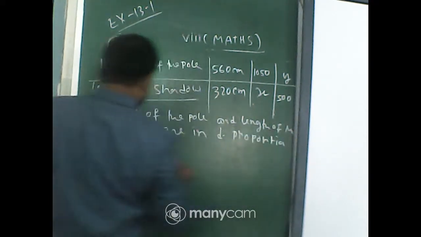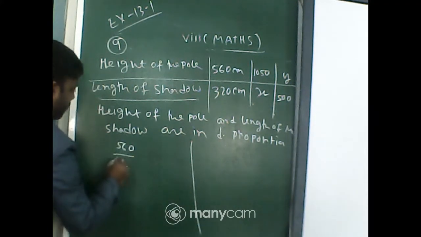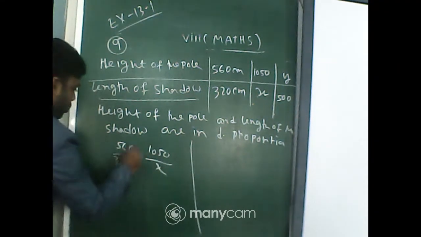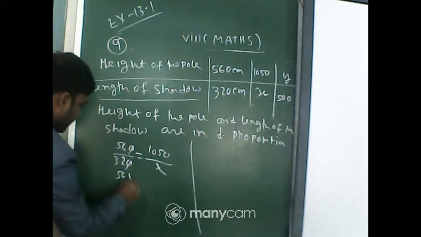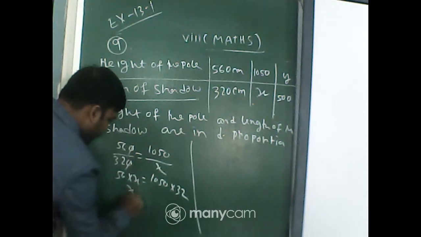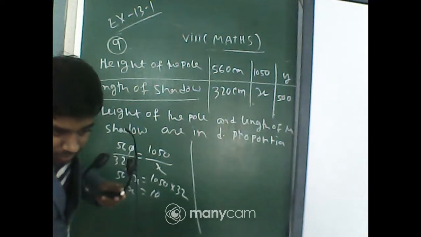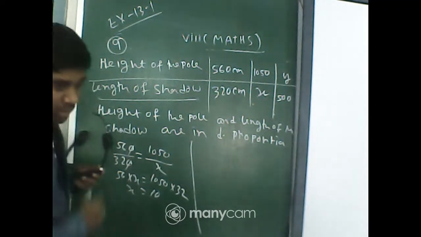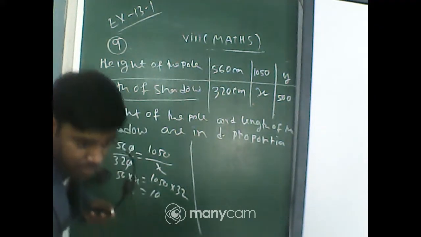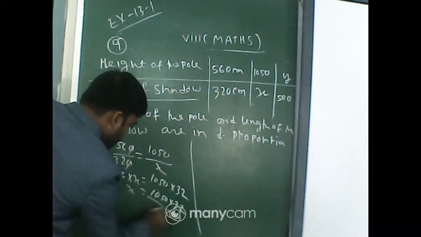So you can say 560 by 320 equals 1050 by x. Remove the 0: 56 into x equals 1050 into 32, so x equals 1050 into 32 by 56.